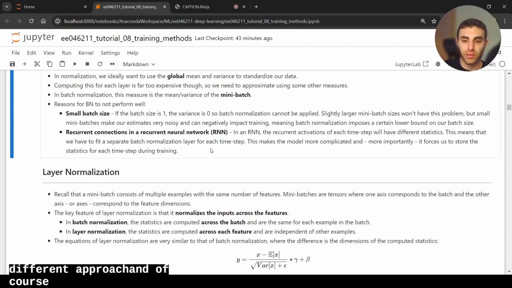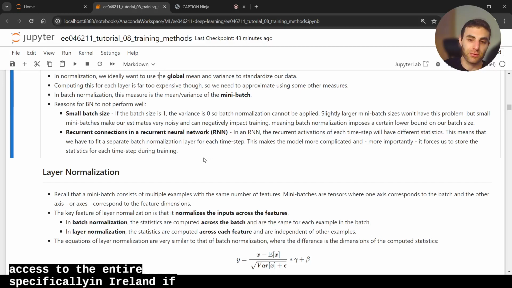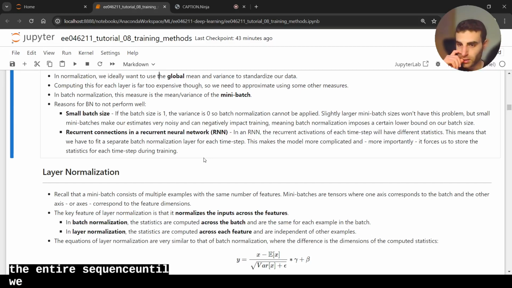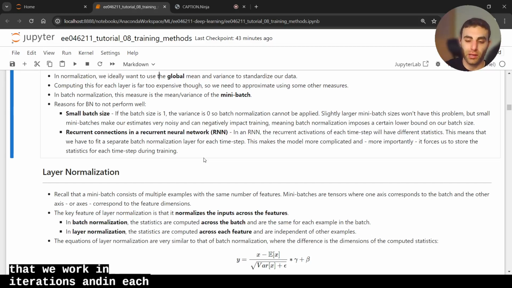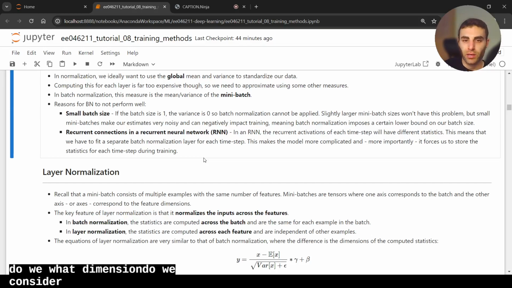And specifically in RNNs, we don't have access to the entire sequence until we reach it. So we recall that we work in iterations, and in each time step we need to normalize. So what dimension do we consider? It's a bit problematic for RNNs, and usually what we do is use layer normalization. I'll talk about it right now.